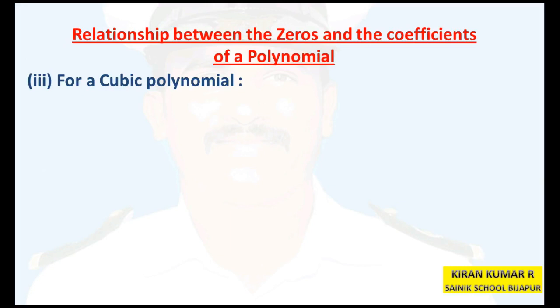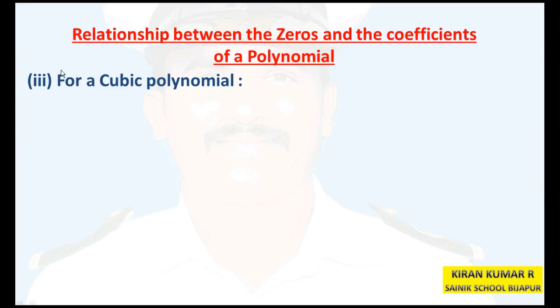We shall see the relationship between zeros and the coefficient of a polynomial if the polynomial is a cubic polynomial. From the previous discussion, we have learned the sum and the product. Now we shall take 3 zeros of a cubic polynomial.